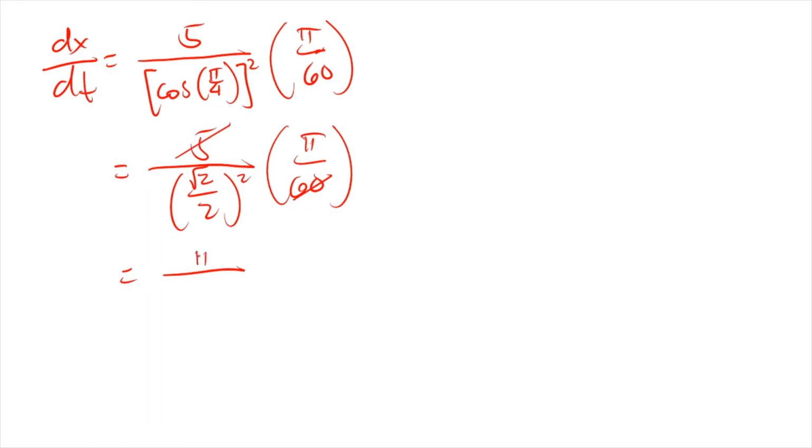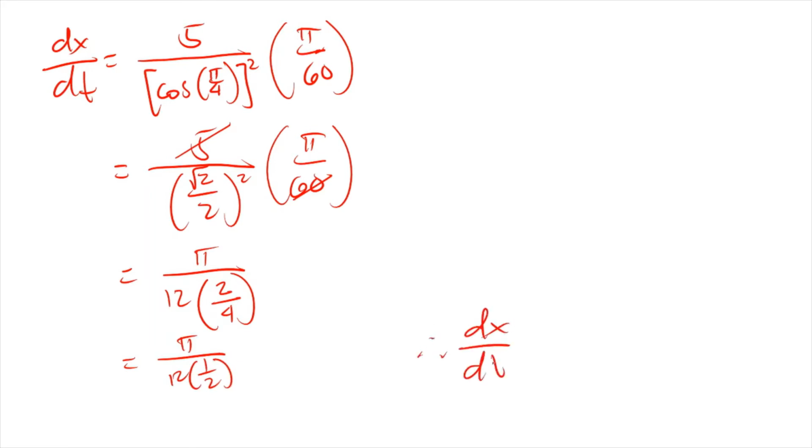So pi over 12. And then square root of 2 over 2 squared would be 2 over 4, right? So we now have pi over 12 times 1/2. Therefore, dx dt, or the speed of the rocket, is equal to pi over 6, and the unit is kilometers per second.